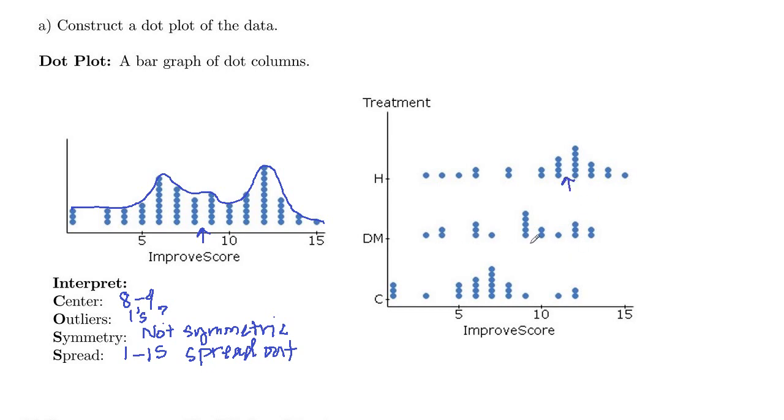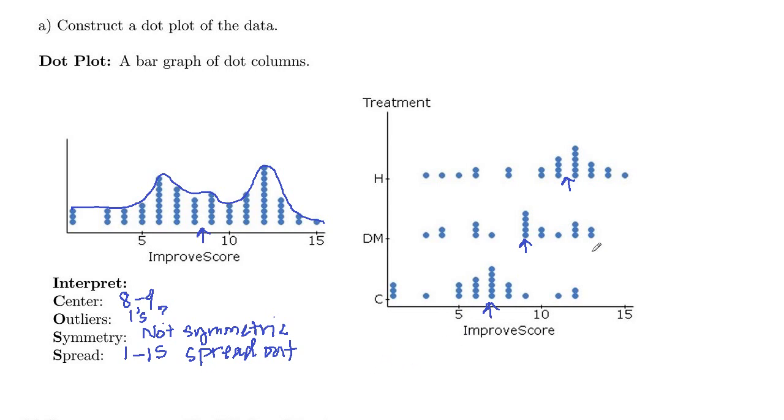The middle for the dextromethorphan, I would guess about right here. And then the middle for the control group, I would guess about right here. So just estimates of the middle, and I'm trying to estimate the same amount of dots above and below the arrow there. So what we see is that the average or the middle for honey is greater than dextromethorphan, which is greater than control.